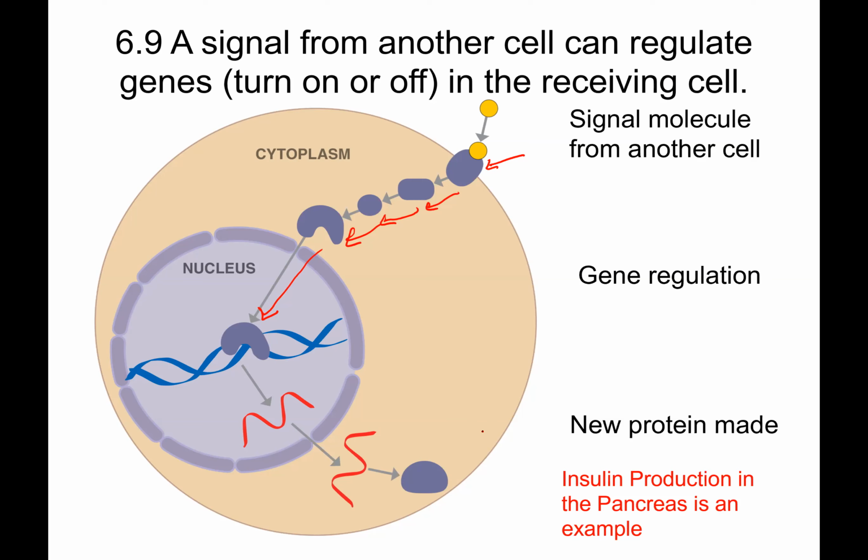That leaves the cell, you produce insulin, and then you have insulin available for the body to use. So this all started with one cell releasing a signal that affects another cell, cell-to-cell signaling, and this is a signal transduction pathway.